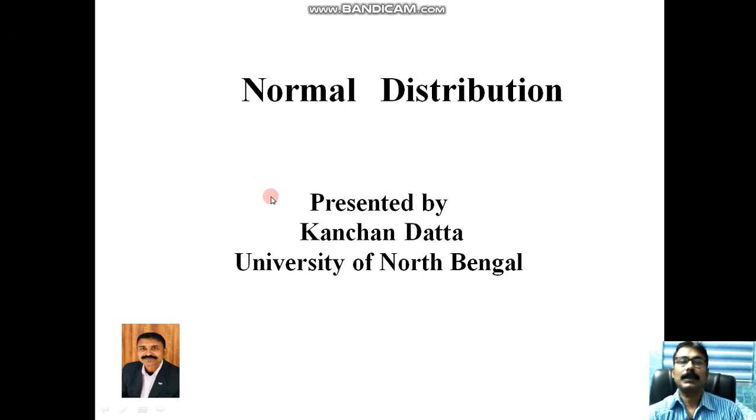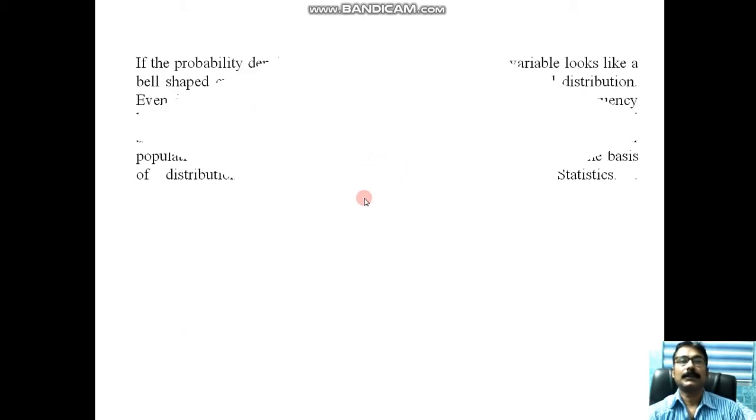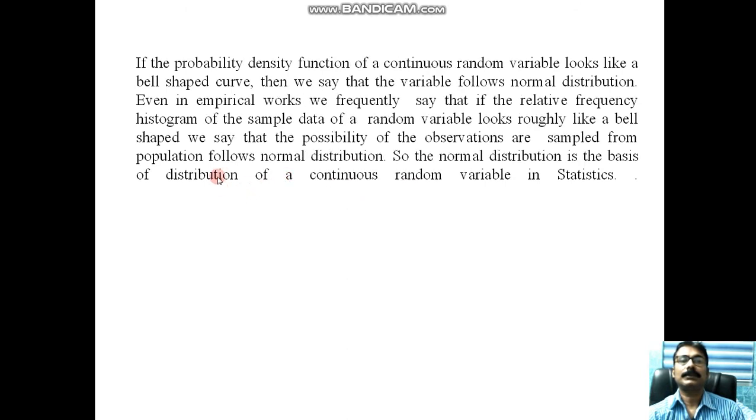Hello friends, today I am going to explain normal distribution, which is one of the important concepts in statistics. Before I go into detail, the background knowledge is this: if the probability density function of a continuous random variable looks like a bell-shaped curve, then we say that the variable follows normal distribution.